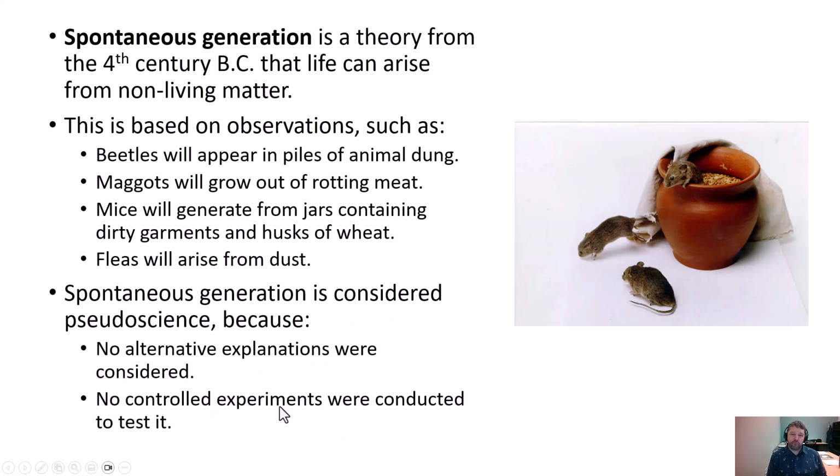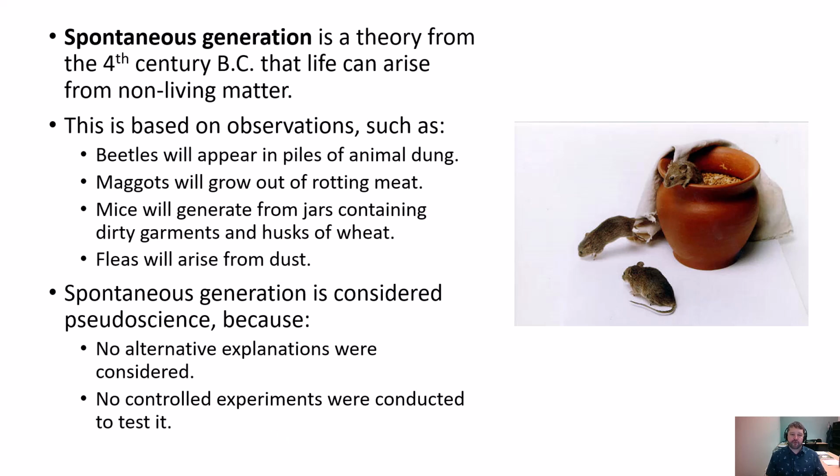Now, once science really started to get developed and individuals started to realize that it doesn't seem too likely that maggots will just form on rotting meat, that doesn't seem a likely explanation for that natural phenomenon, scientists started to question this, and they started to design experiments.